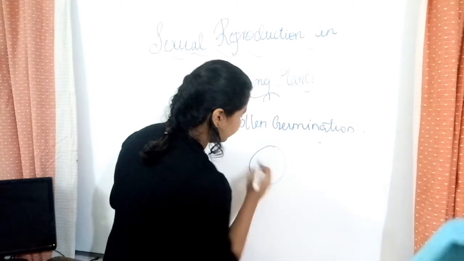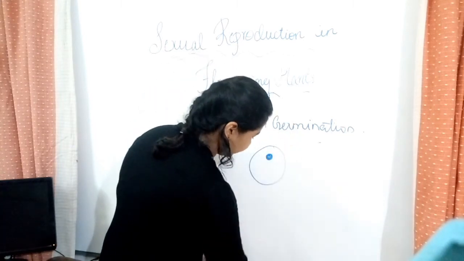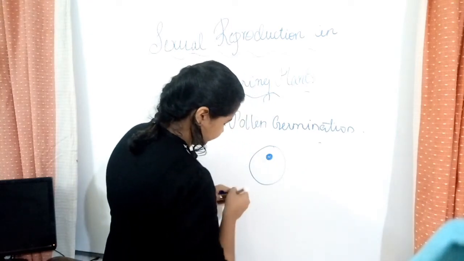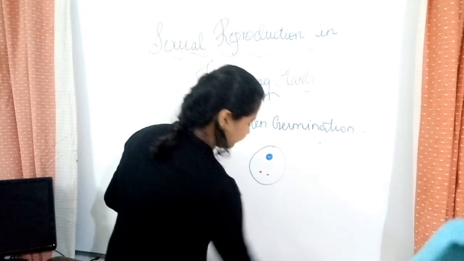If this is the rough sketch, okay? Vegetative nucleus and the 2 gametes.